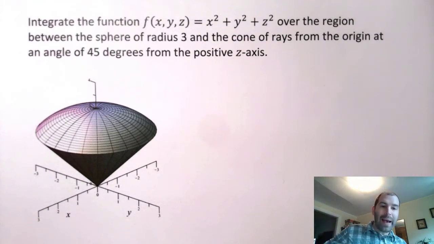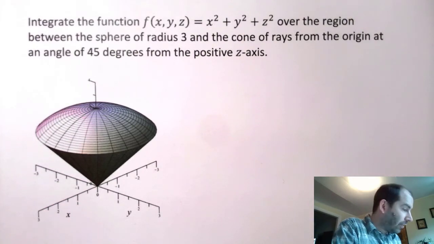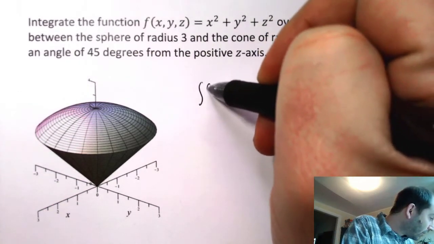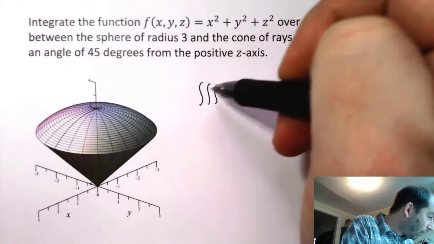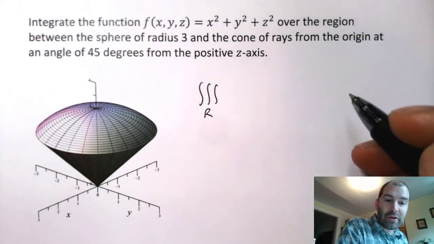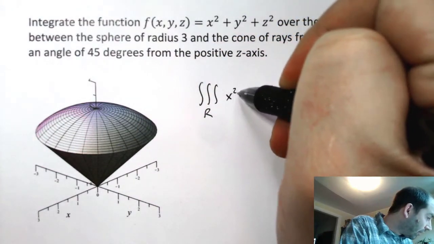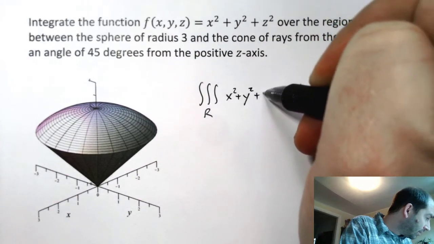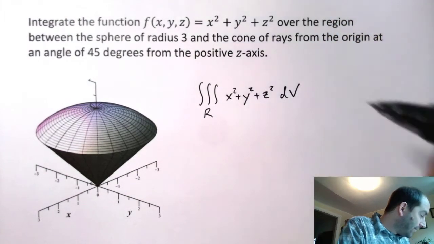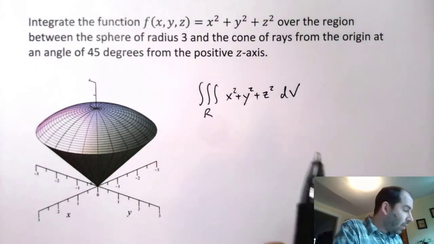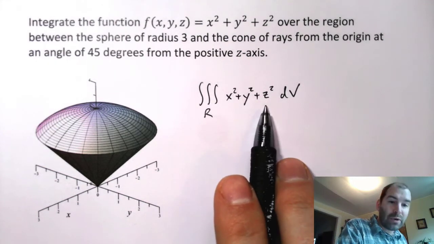All right, so back to our problem. Let's use spherical coordinates to compute this integral. So what we're doing is a triple integral over the region described there. I'll just call it R, of this function dV. Now, we know what x squared plus y squared plus z squared is.